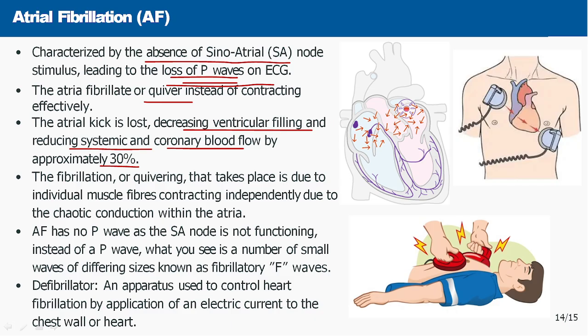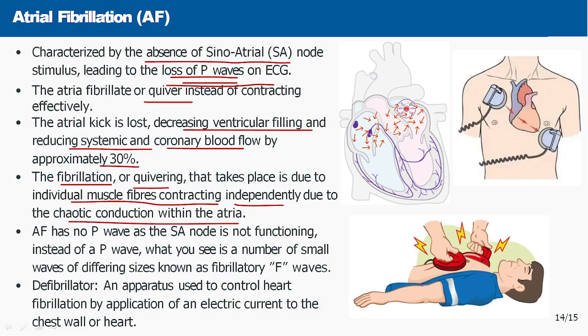As the atria are not depolarized properly, they will not contract and all the blood will not flow into the ventricle. The fibrillation or quivering takes place due to individual muscle fibers contracting independently. There is no sync or coordination between the muscle contractions at this stage. This is due to chaotic conduction within the atria.